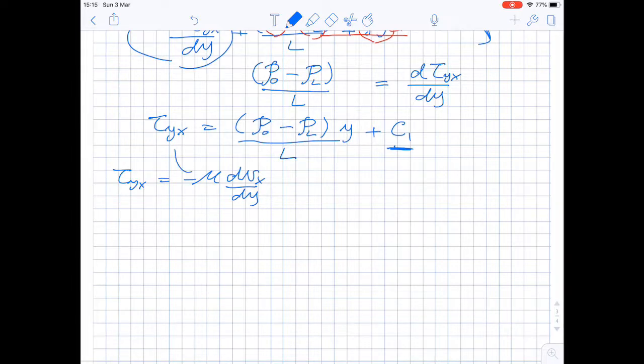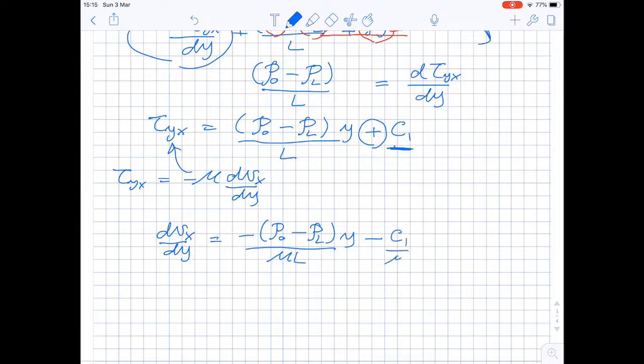So if I plug this here, I'm going to get dvx by dy equal to minus, turn to the right hand side, pressure difference over mu L. I take mu as the denominator to the right hand side, y over here, and then plus from here turns to be minus C1 over mu.